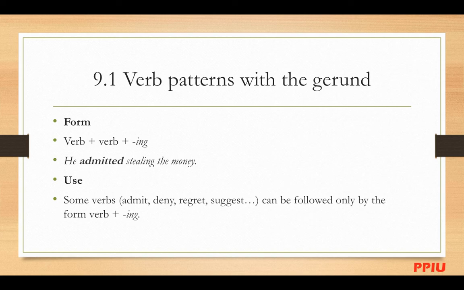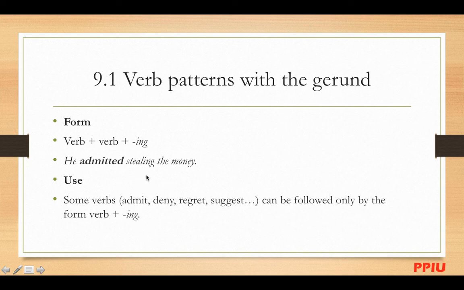You can see the example, he admitted stealing the money. So we have our form, verb, admitted, and verb plus ing, stealing.